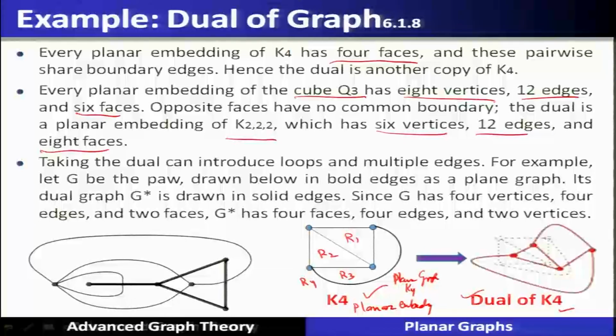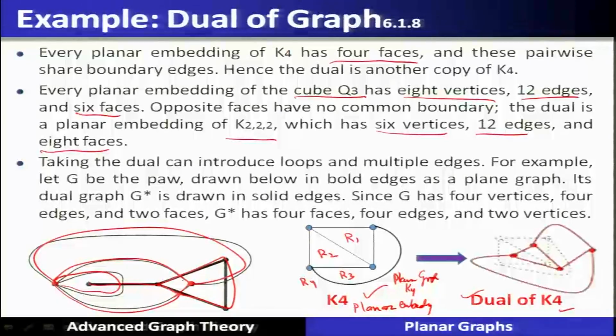So, if you draw a paw graph, shown by the bold lines, here it has 2 faces, 2 regions, so 2 vertices will be there in the dual graph, and for every edge there will be an edge in the dual graph.